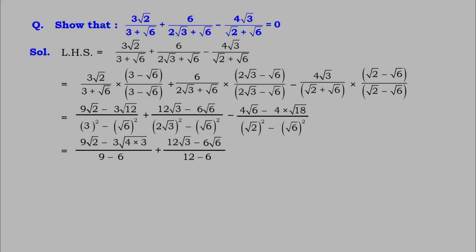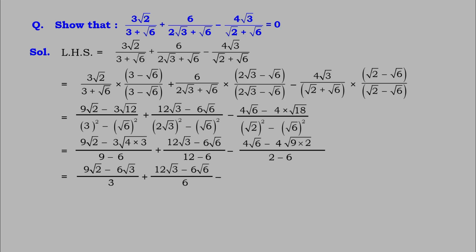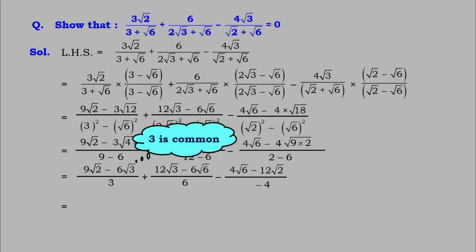Now since root 12 we can write it as 4 into 3, that's why we have done like this. Similarly root 18 we will write as 9 into 2. And now in this case 3 is common, so we have to take that.